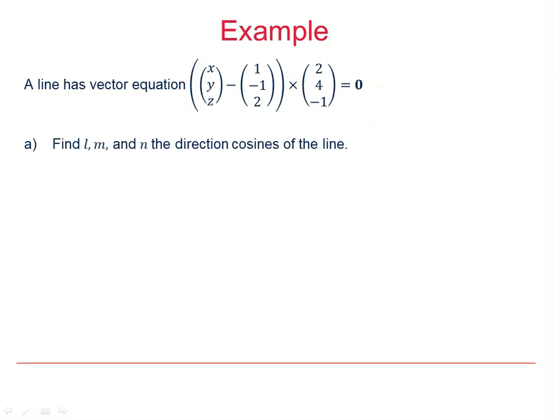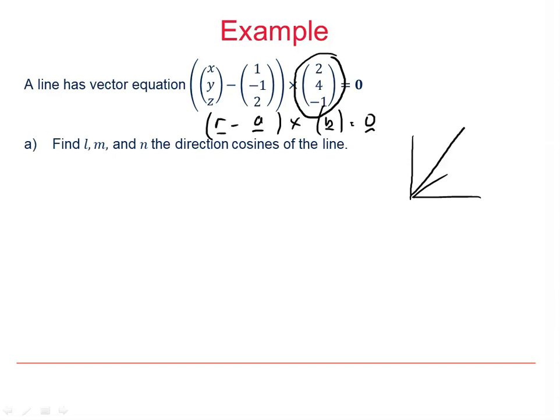As I said, this equation is in the form r minus a cross b equals the zero vector. It's this vector b here that we're interested in, because if we have it going through the origin, it allows us to work out the direction cosines. The direction that we need goes through 2, 4, -1, and so the direction cosines will be found by taking those values divided by the length of this vector.